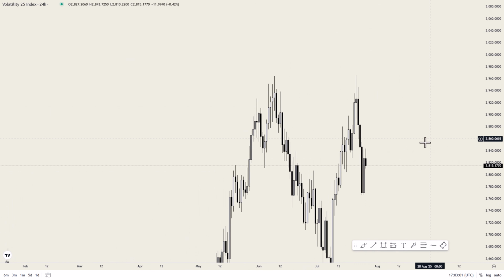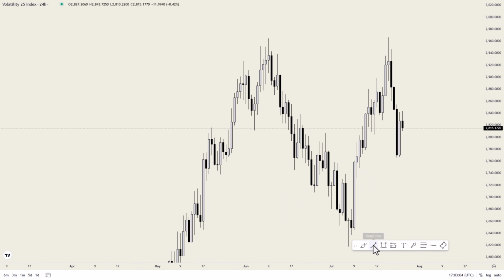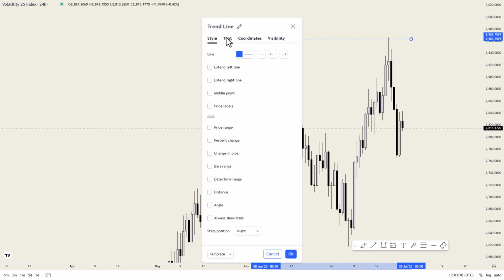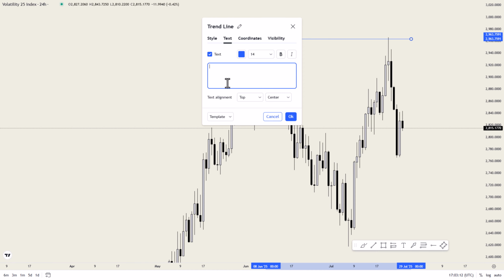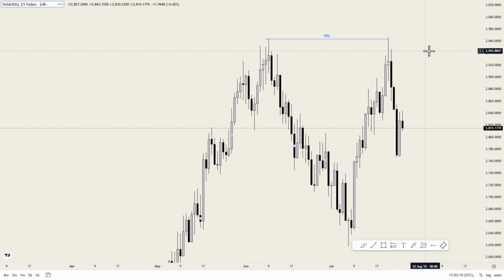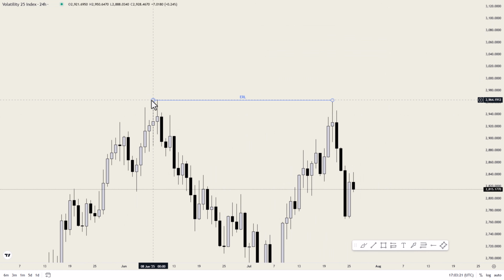Now price has swept liquidity above this high, which you can name external range liquidity, ERL. So it's an external range liquidity because we see a swing high has been taken, meaning price has swept liquidity above the swing high. So we see external range liquidity has been grabbed.